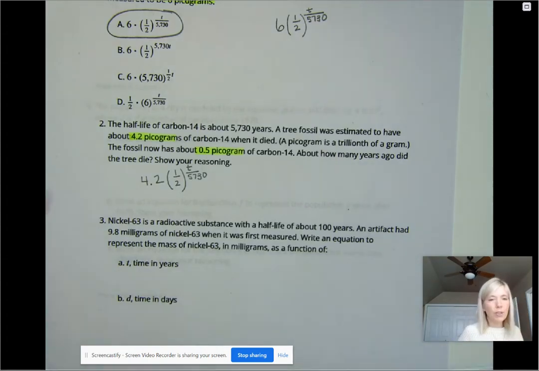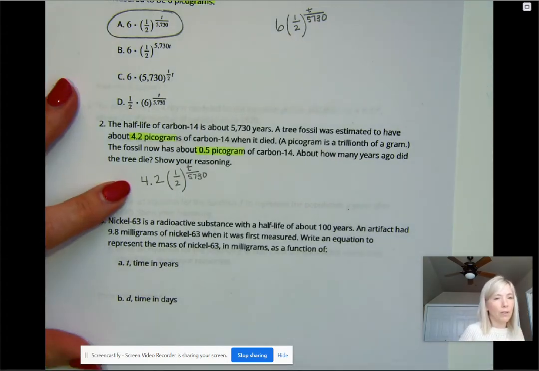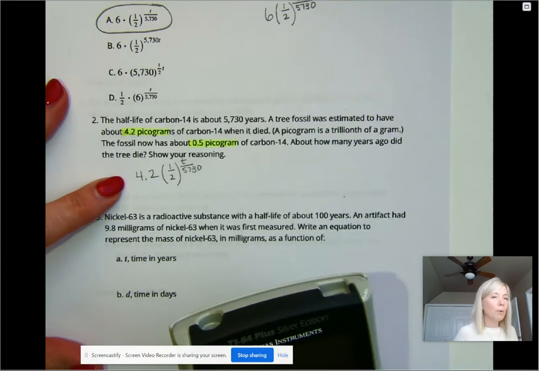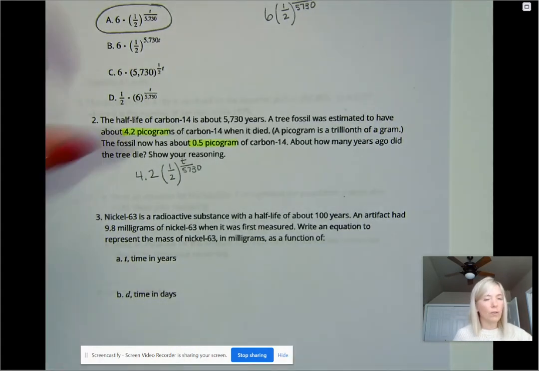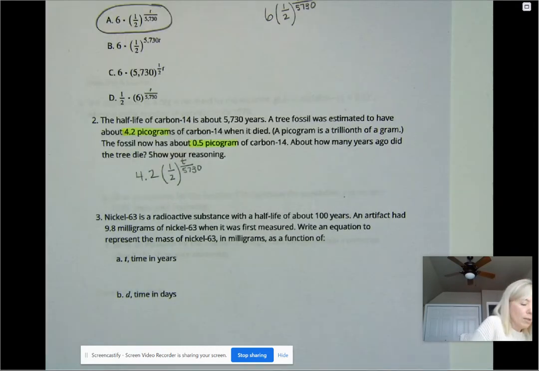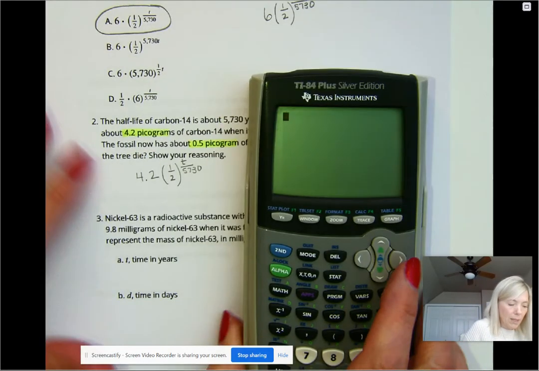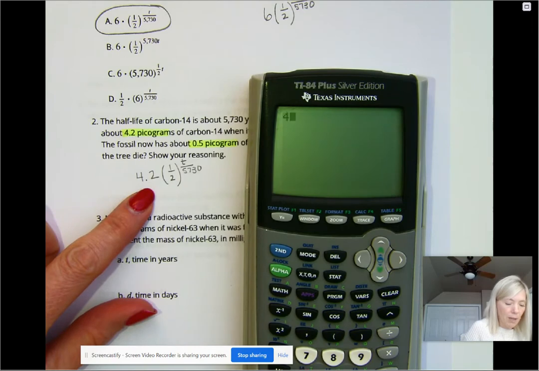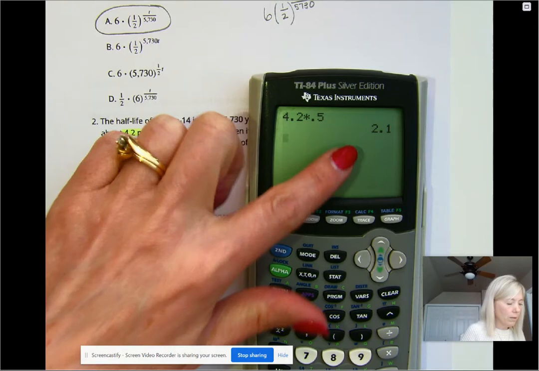As I'm thinking about this, I might look at my calculator. Eventually you're going to learn some tools to solve this exactly, but right now I don't know how to solve exactly for an exponent, so I am just going to think logically about it. I'm going to keep track of how many times I multiply this by 1/2, or 0.5. So in one half-life, there's 2.1.